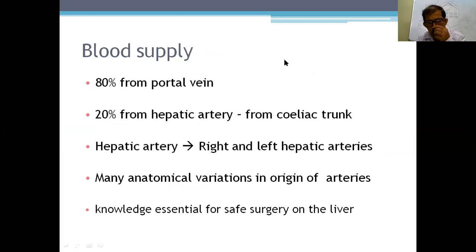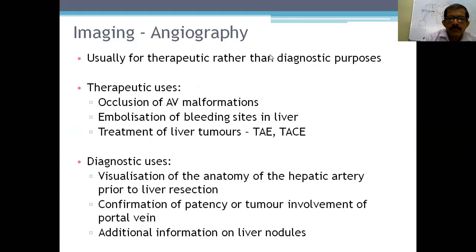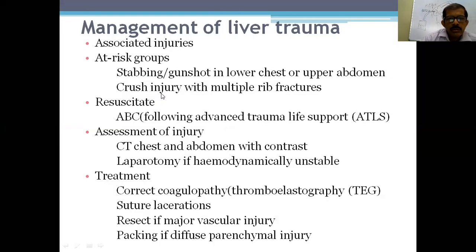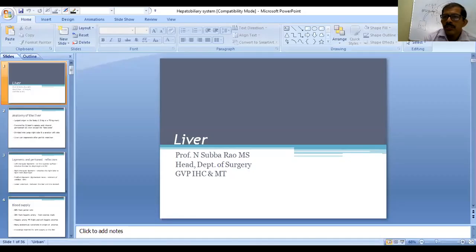Next class I will show them, in addition to the liver injuries. We'll talk about liver injuries in our next class, when I will show the photographs of each of these for your perusal. So next class we'll discuss mainly the liver trauma.